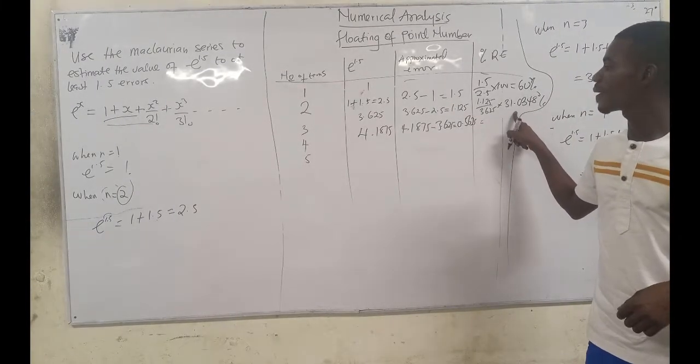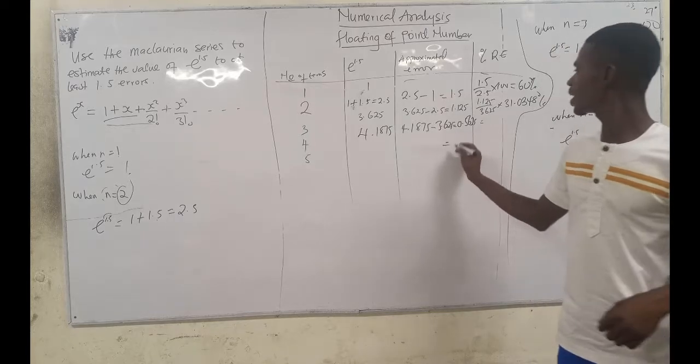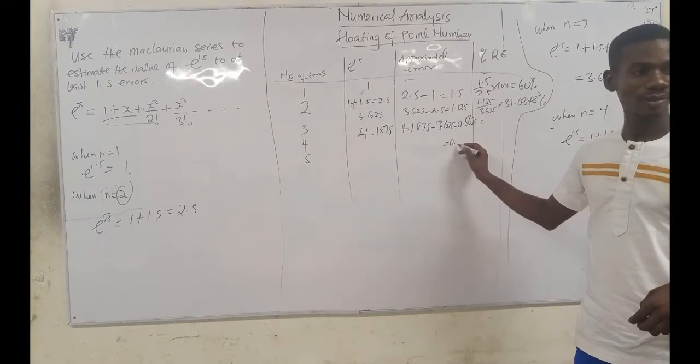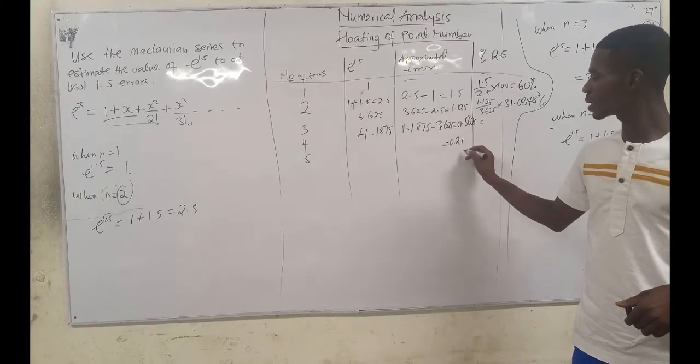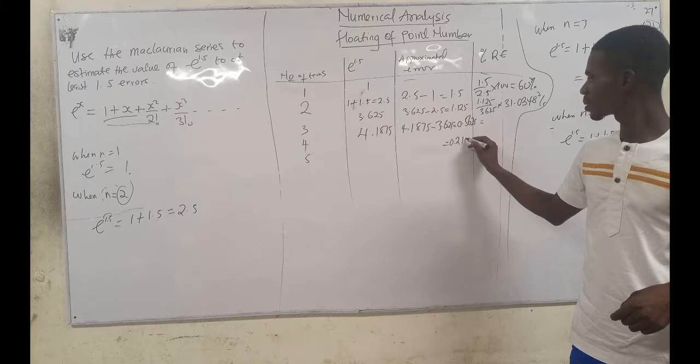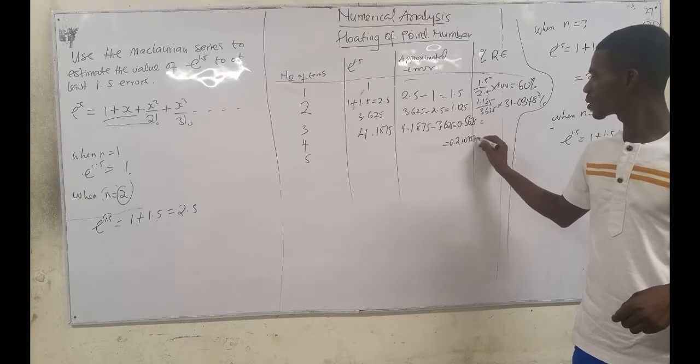Here is the error. What do you get for the expected error? 0.9375. Okay.